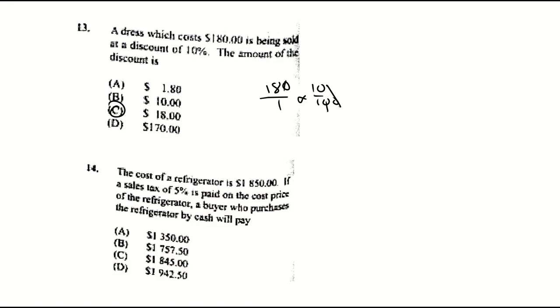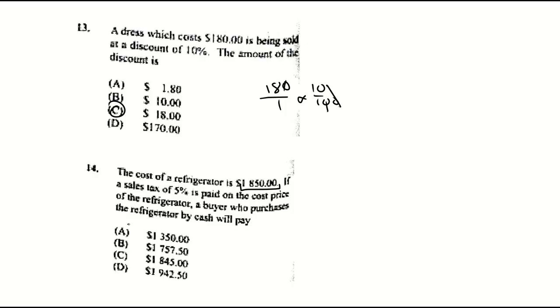Now, although this question is a lot of working, we're saying there's a sales tax, so there's an increase in value. We're looking for values that are more than this, because it costs this, and a sales tax of 5% is paid on the cost price. So they want to know how much the refrigerator is totally costing.